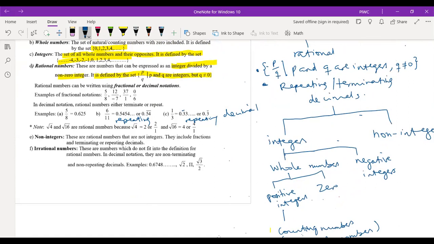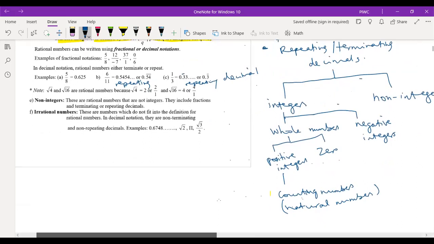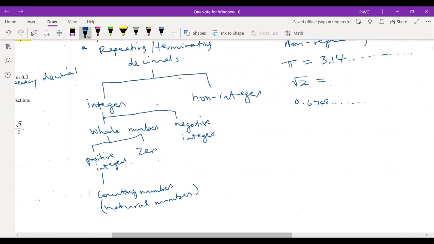So let's add that before we end this session. So the non-integers are the fractions and decimals. There will be the non-integers.